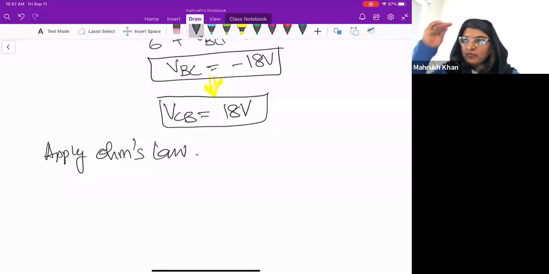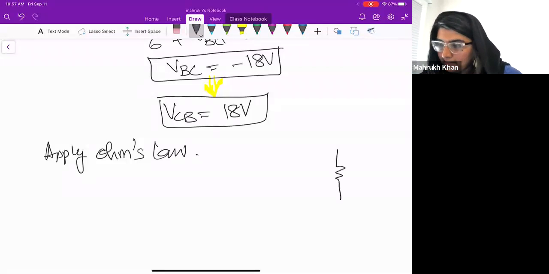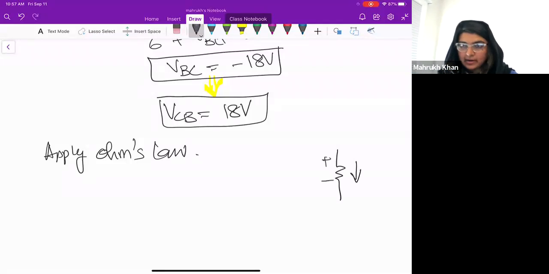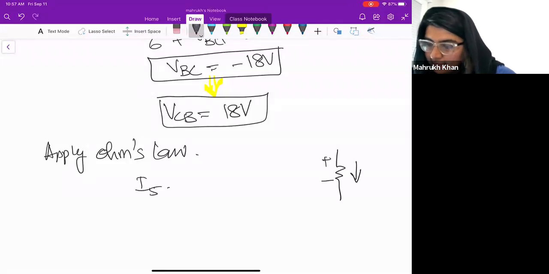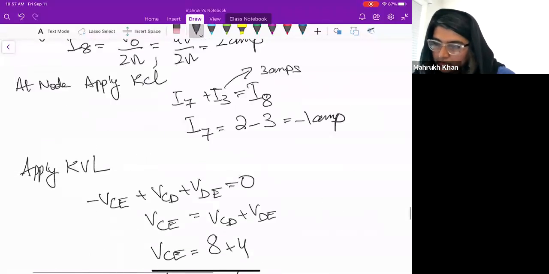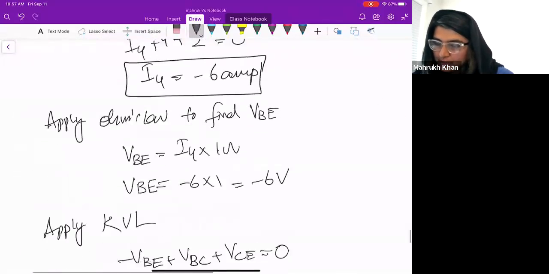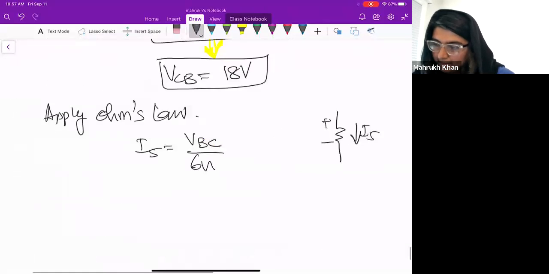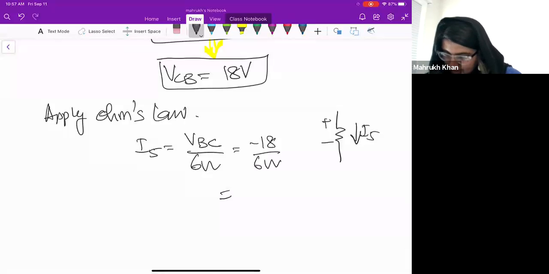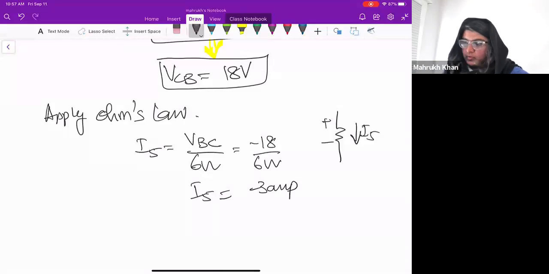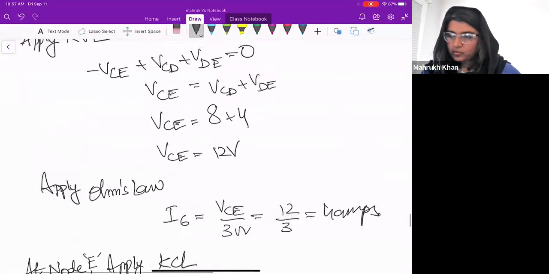So when current is flowing like that, in this scenario, we take it as a positive thing. So this is my I5, and this is VBC divided by 6 ohms. So it's minus 3 amps. So I5 is good.